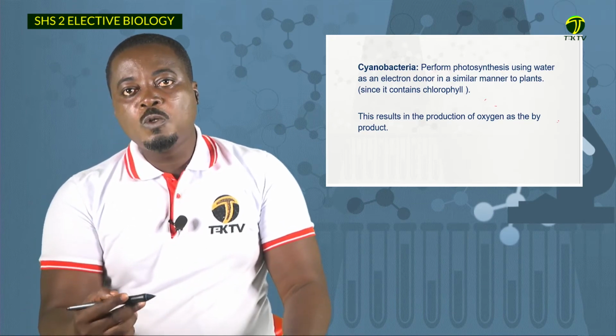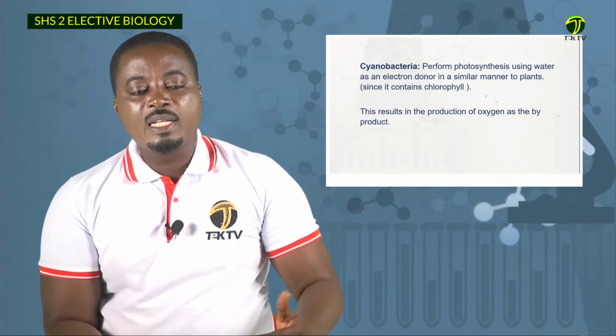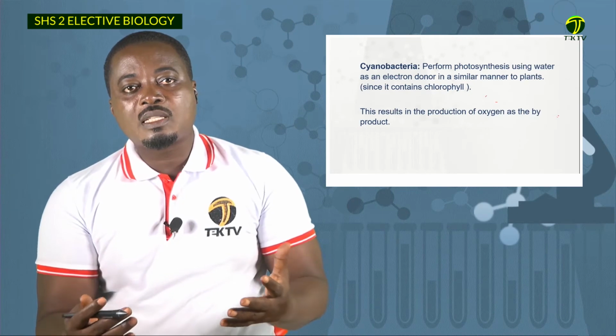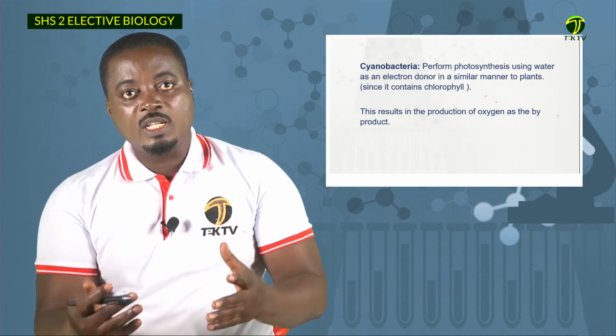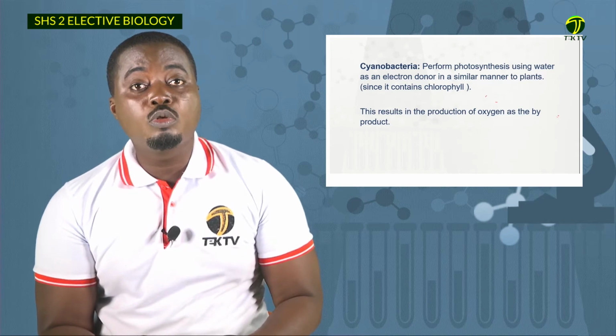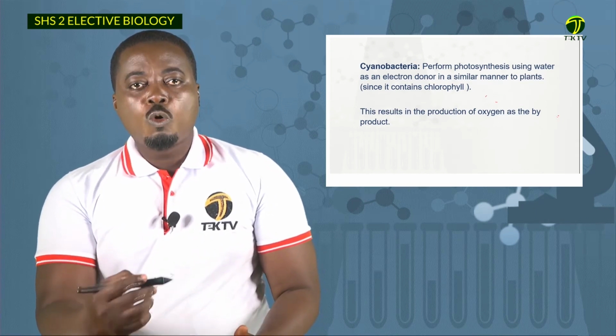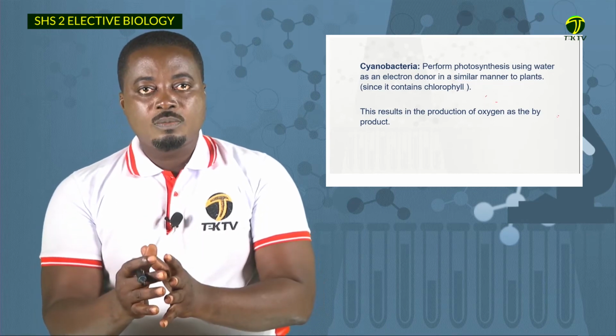They are using water as the electron donor. The normal photosynthesis that plants do, which you know already, is the same thing that cyanobacteria do. Cyanobacteria are also called blue-green algae. You've heard it before. So they contain chlorophyll.